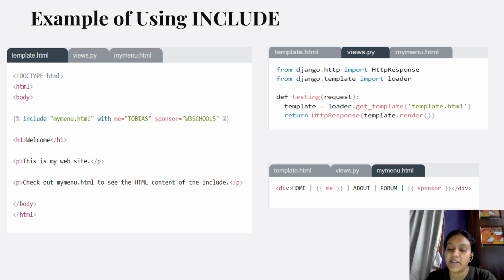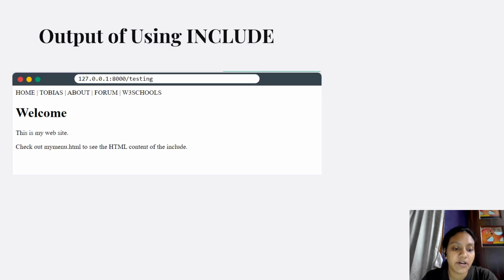Next, if we see the output, as you have seen in the previous slide: home, Tobias, about, forum, vSchools, and Welcome. This is my website, and this Welcome is given in the heading H1, and "This is my website" is given in one paragraph line, and "Check out mymenu.html to see the HTML content of the include" is given in another one.